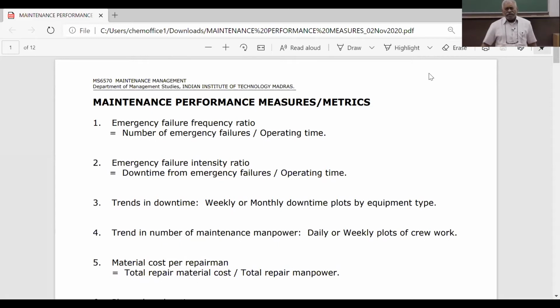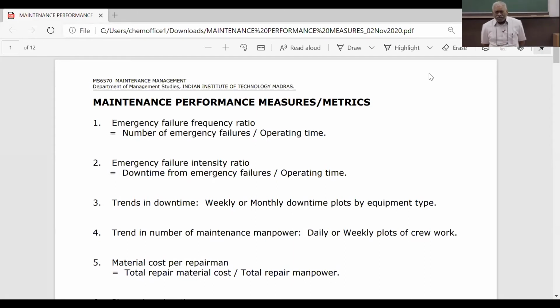And I defined operating time. This also means that you have to have a documented definition of what constitutes an emergency failure. Be very clear as to what you will consider to be an emergency failure. That is important.